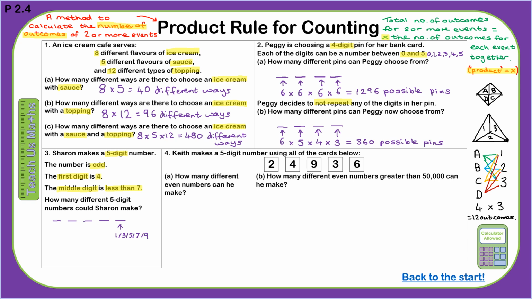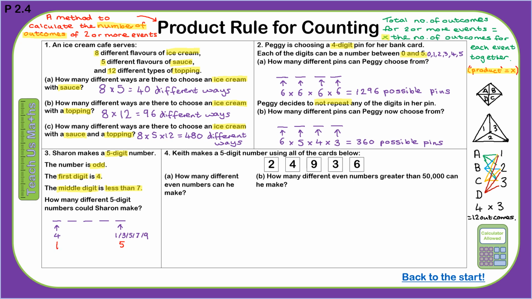So there are 5 options for the final digit. The first digit we are told is the number 4, so there is only actually one option for that first digit.